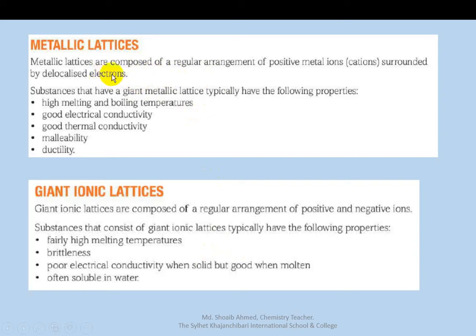Metallic lattices are composed of a regular arrangement of positive metal ions, cations, surrounded by delocalized electrons.